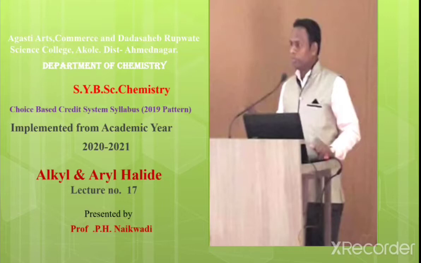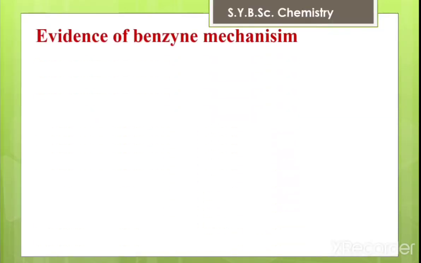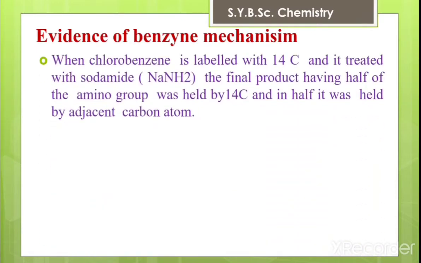Friends, today we will start the remaining part of alkyl and aryl halides, that is, first aryl halide, in which we discuss the evidences of the benzyne mechanism. Chlorobenzene, in which the carbon attached to the chlorine atom was labeled with carbon-14, was allowed to react with the amide ion.